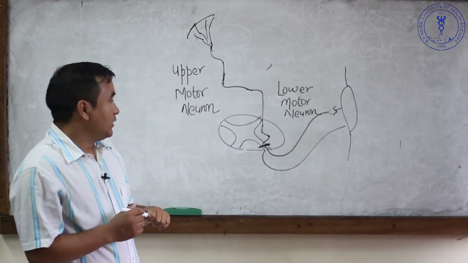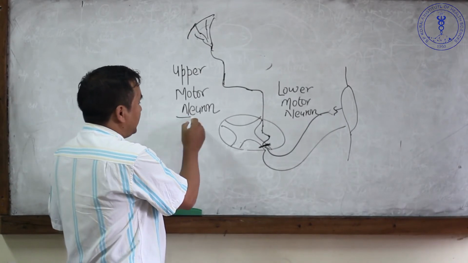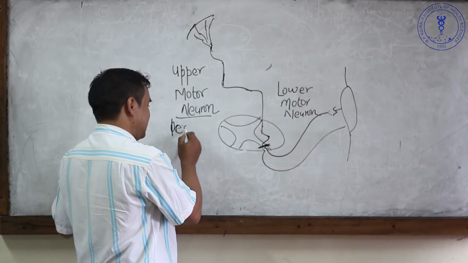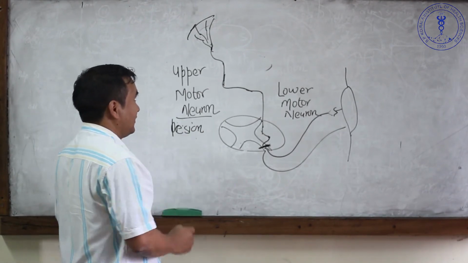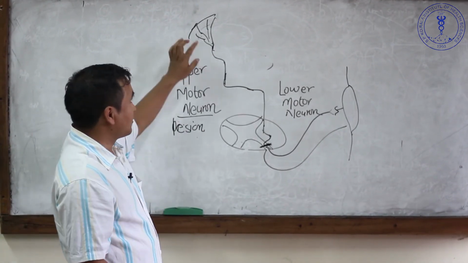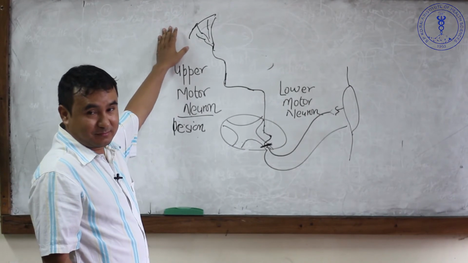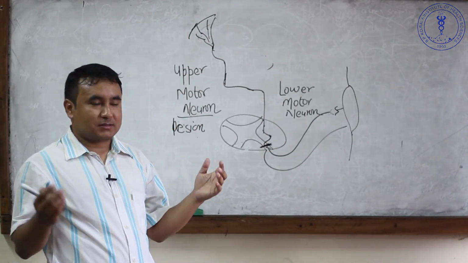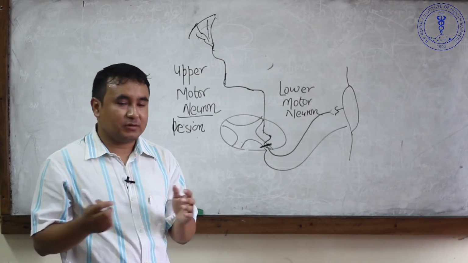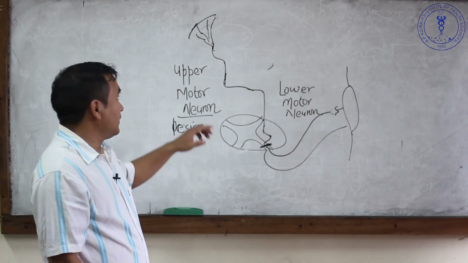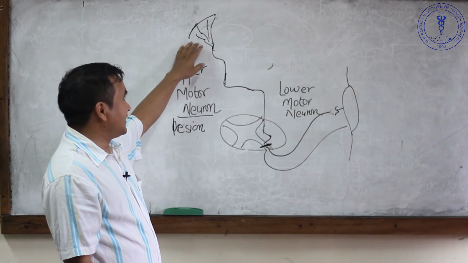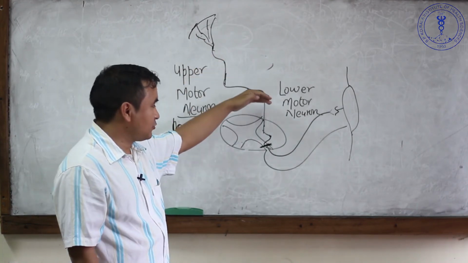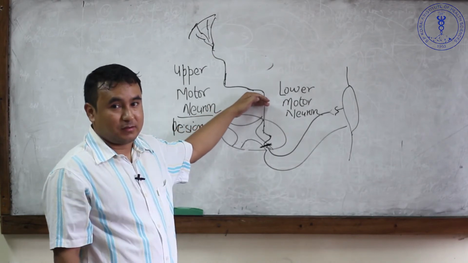So if there is an upper motor neuron lesion, that may be a lesion in the cortex, a stroke at the level of the cortex, a brain tumor, or if the lesion is at the level of the corona radiata, internal capsule, brain stem, and up to the level of the spinal cord.